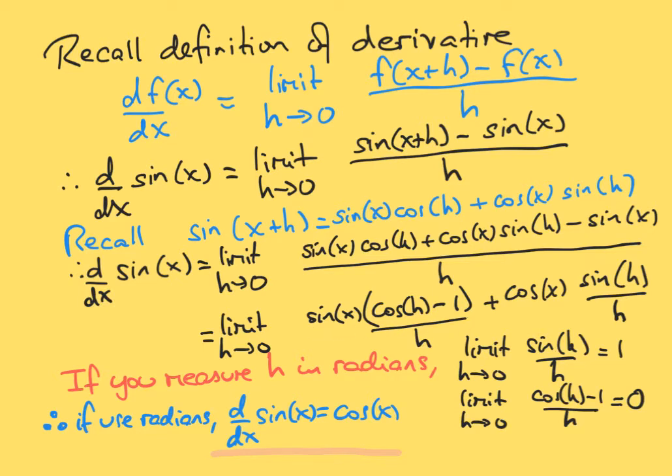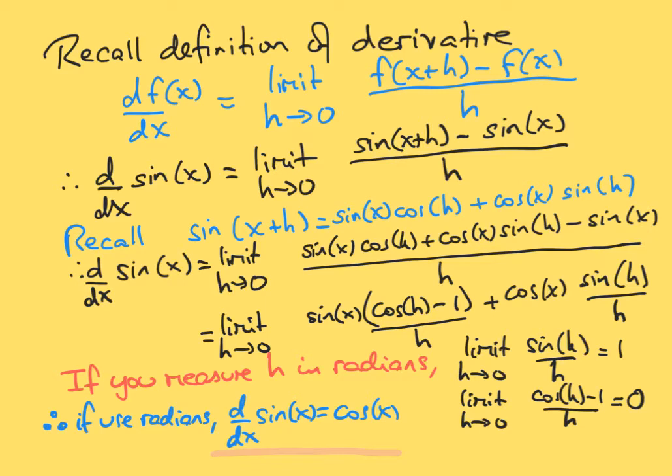So that means that the derivative of the sine of x is going to be naught, so that's not there, plus just the cosine of x. And that is that standard result. But this limit in particular is only true if you are measuring the angle h in radians, and we're going to show that over the next couple of slides.